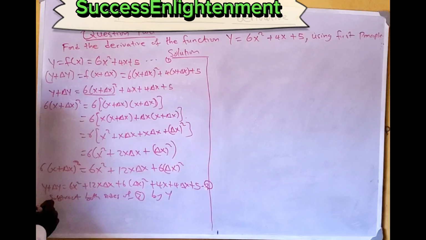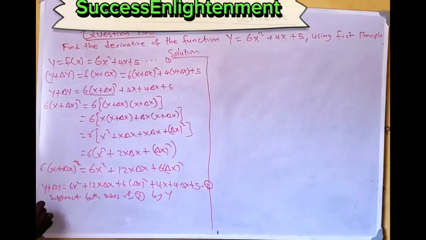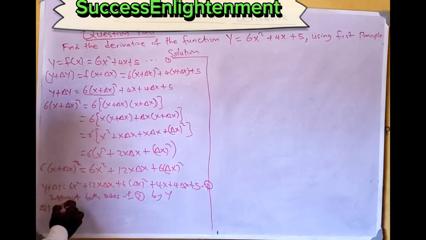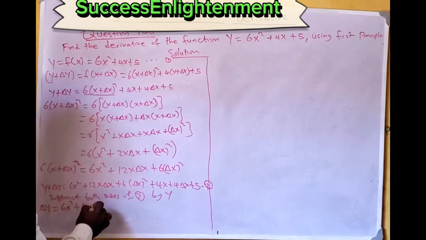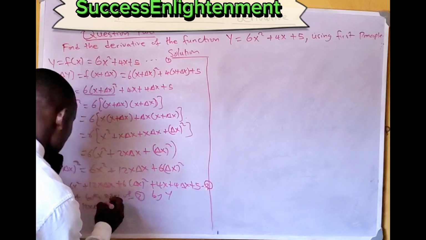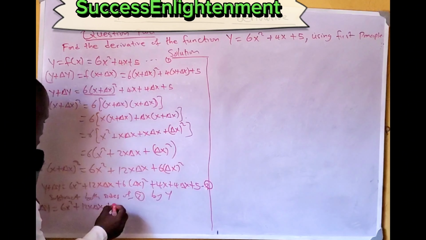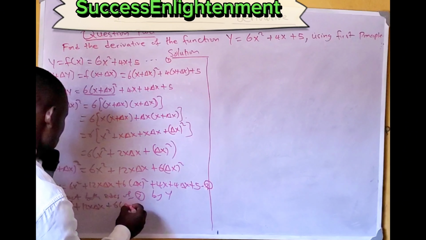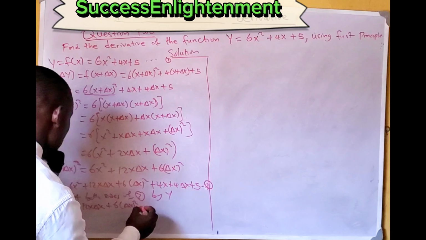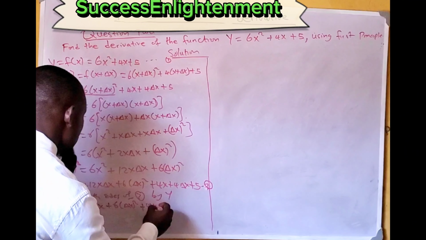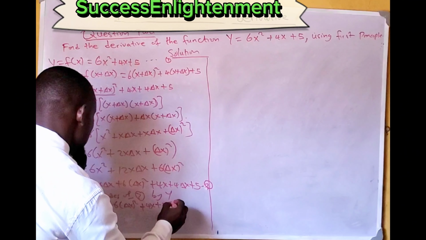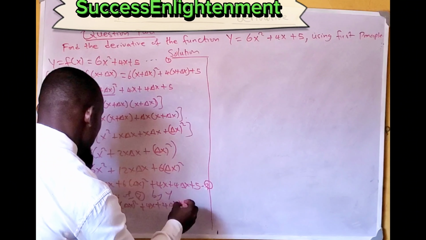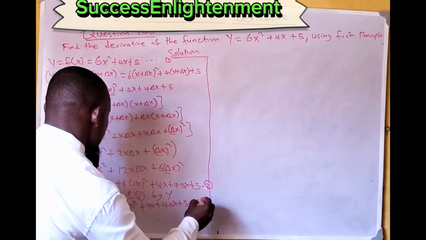So we have y plus change in y minus y. The minus y takes the y away, so what we are left with is the change in y that we are looking for. Now it will be 6x squared plus 12x change in x plus 6 into change in x all squared plus 4x plus 4 change in x plus 5 minus y.